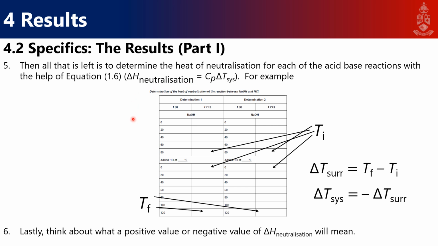In general, neutralization reactions are a certain type of reaction, so you would expect your values to have a certain sign associated with them. You can use that to guide yourself in terms of whether or not your experiment was done right. Whatever the change is here, you need to take the opposite to get to what you need to calculate.